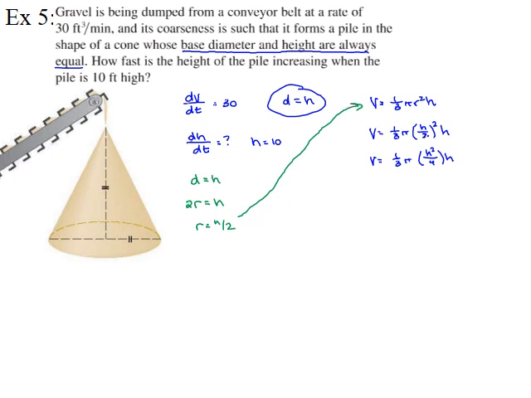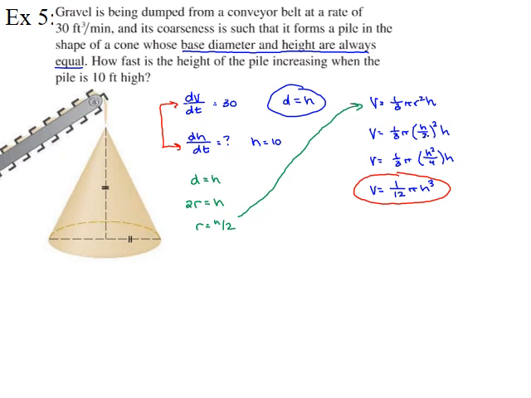And if I put all of my like terms together here, the 3 and the 4 on the bottom make this a 1/12 pi, and h squared times h is h cubed. So this is our volume formula. We've done all of our relationships. So if I take this formula, notice that there's only a V and an h. That's good. That's the only rates of change we have.